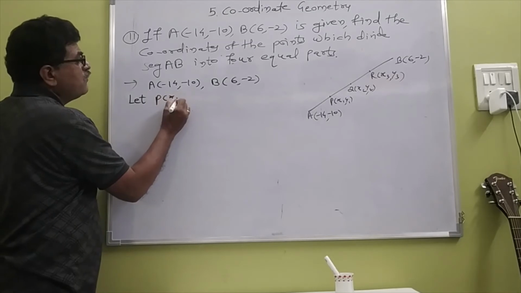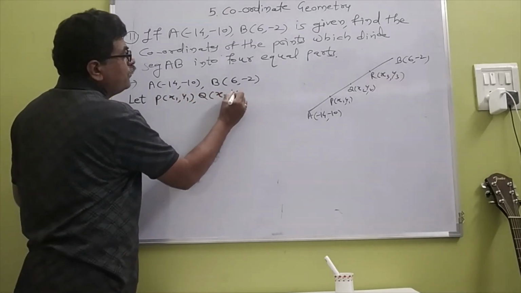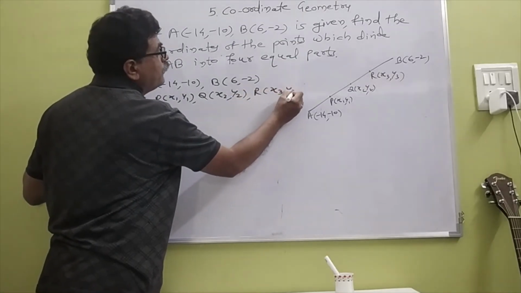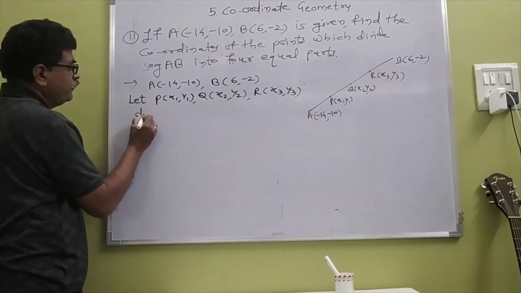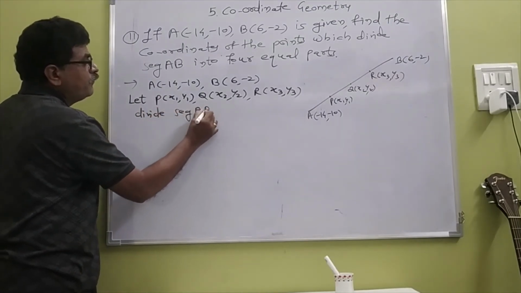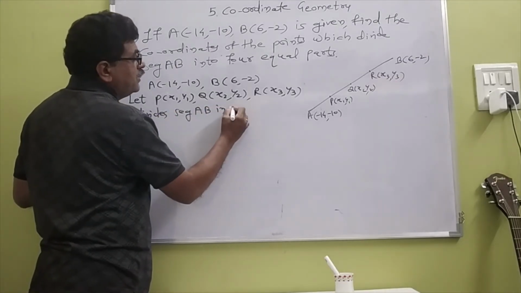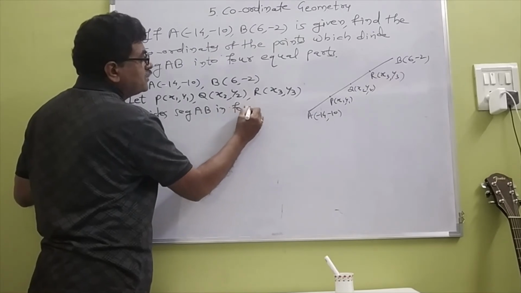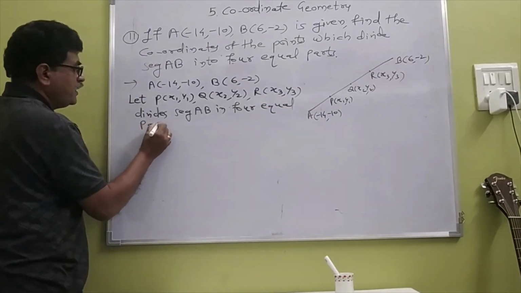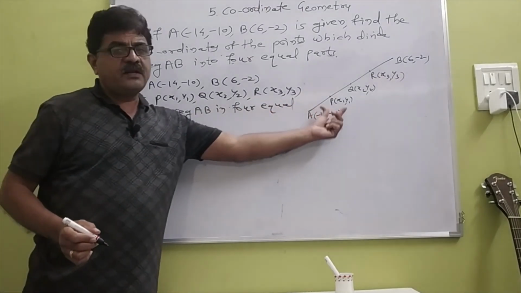Let P of x1, y1, Q of x2, y2, R of x3, y3 divide segment AB in 4 equal parts. Therefore, all these 4 are equal parts.